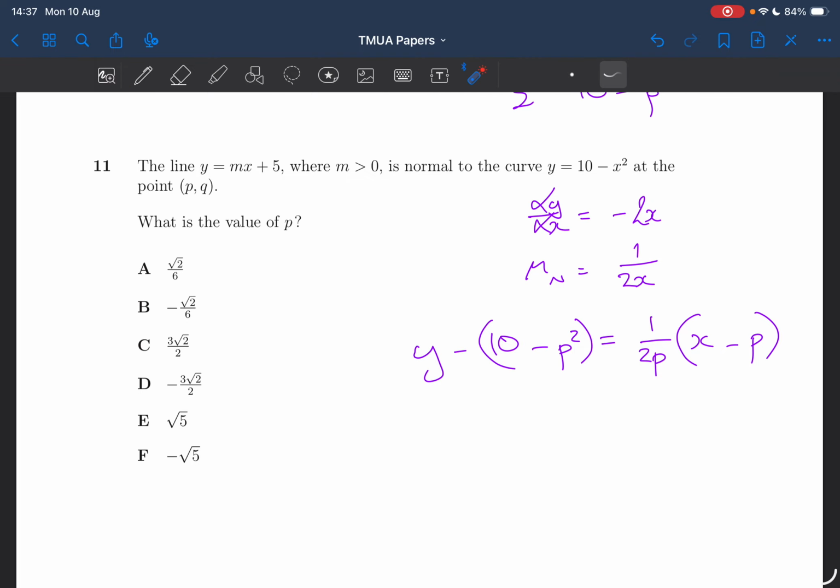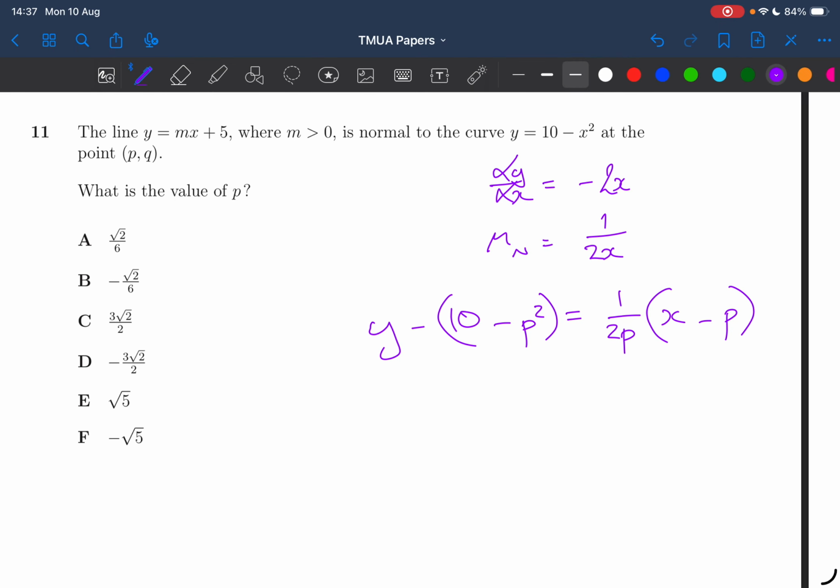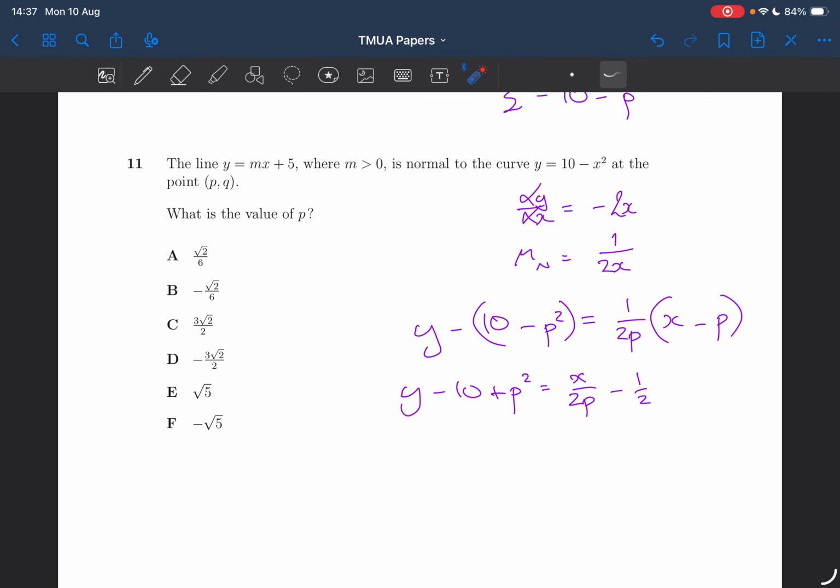This is our equation then, so we can slowly rearrange this. Just expand these brackets first: y minus 10 plus P squared is equal to x on 2P minus 1/2. And what we should know is that this is the line mx plus 5.